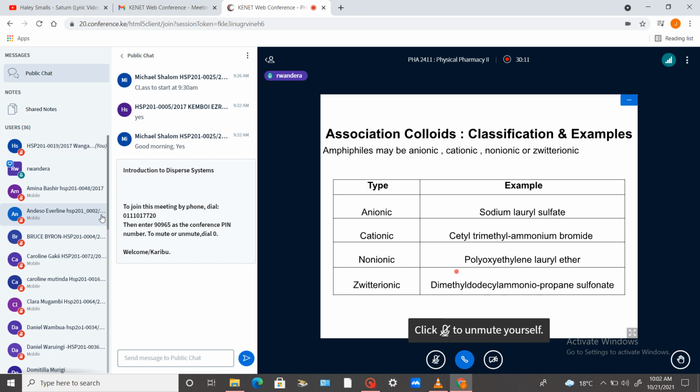These are all surfactants. Last but not least, we have zwitterionic, where we have dimethyl dodecyl ammonium propane sulfonate. So we have four categories: anionic, cationic, non-ionic, and zwitterionic surfactants, forming the classifications of association colloids.